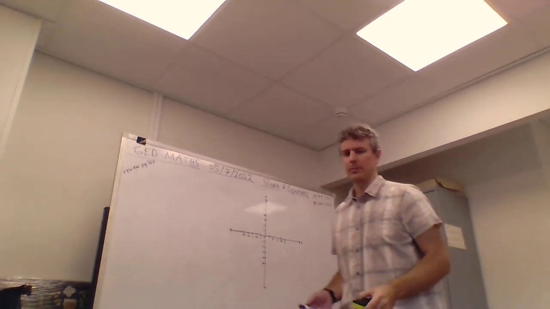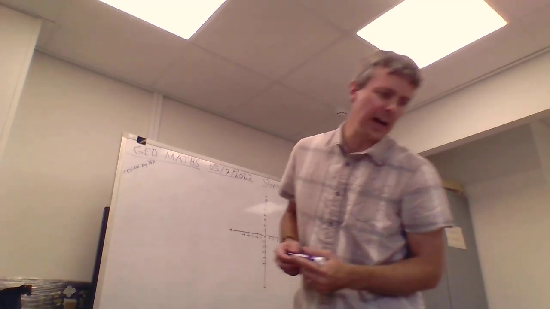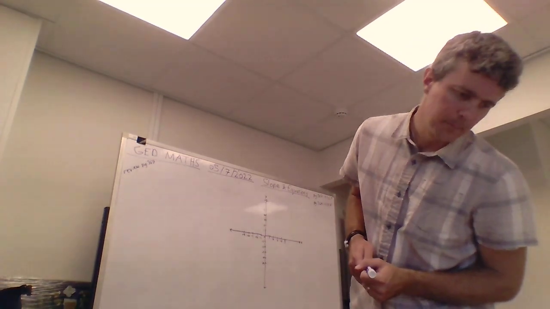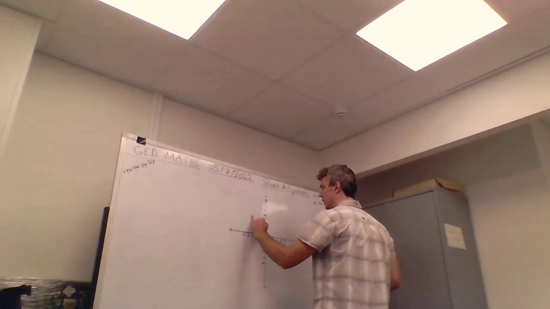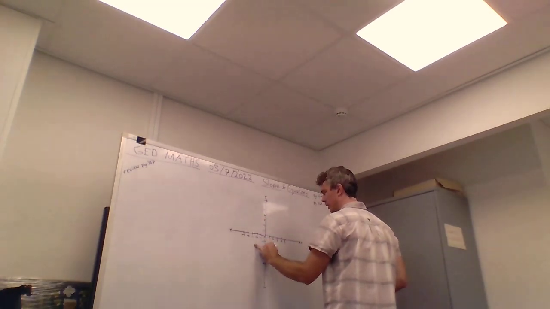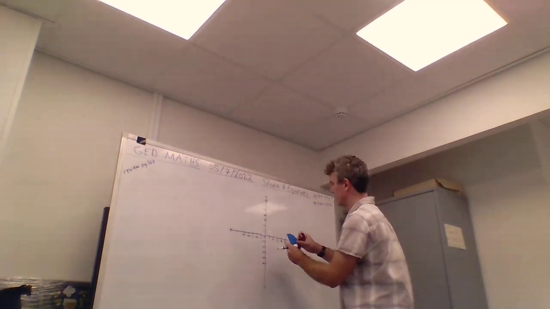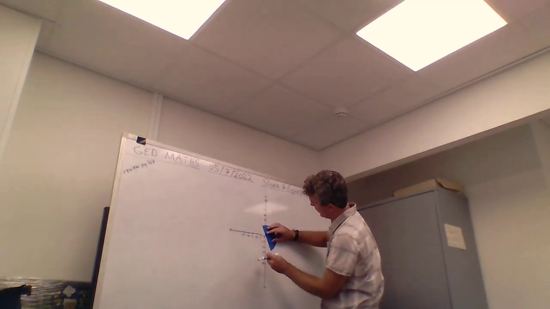Okay, I'm going to keep the graph. So number 5, oh, they give you a graph. Okay, it's got 1 here, 1 here. There's a line going through these.